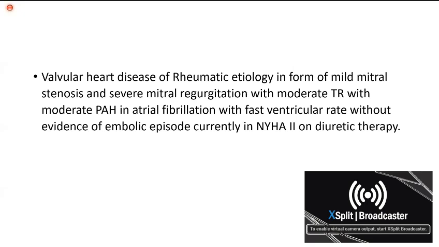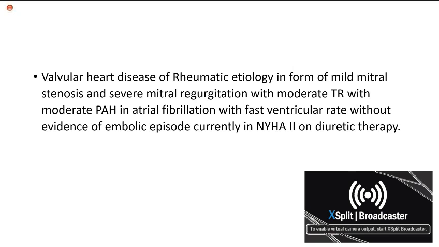Okay, right. So let us put it as moderate to severe or even severe mitral stenosis. What about the mitral regurgitation? Severe mitral regurgitation. Significant mitral regurgitation because the patient is having cardiomegaly.